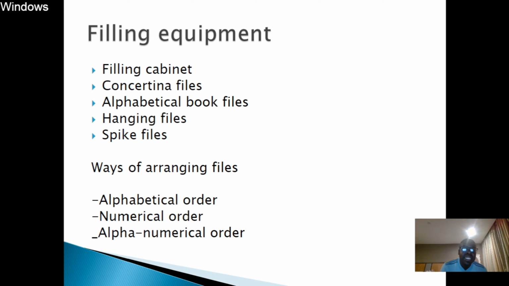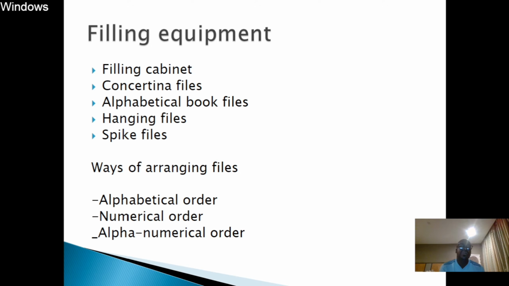So we also arrange documents in 3 ways. We've got alphabetical arrangement, where we arrange documents according to alphabet. We can arrange files according to numerical order. We can also arrange files in an alphanumerical order.